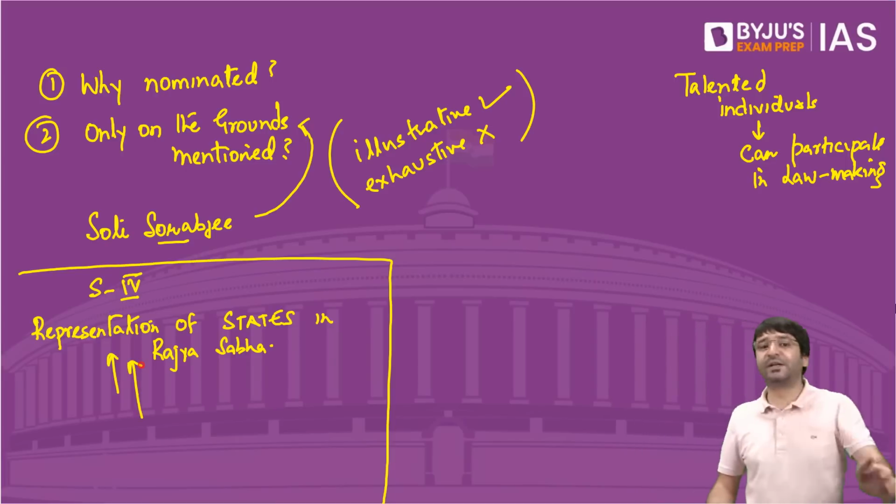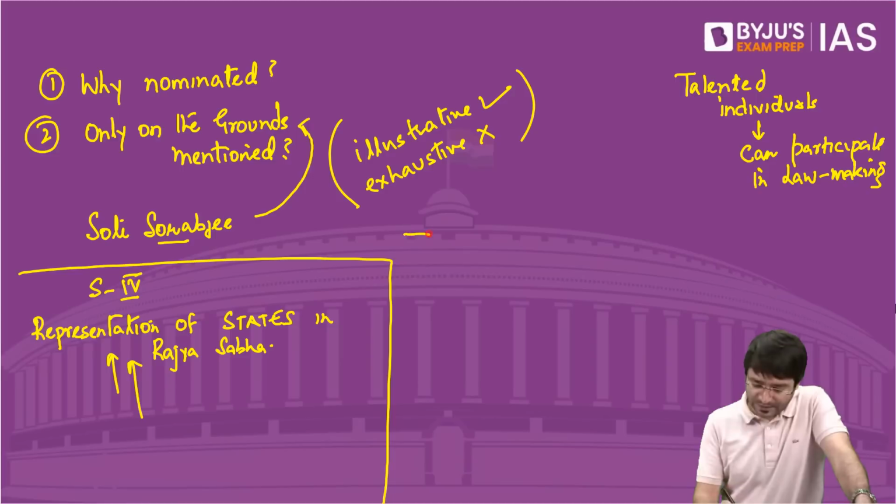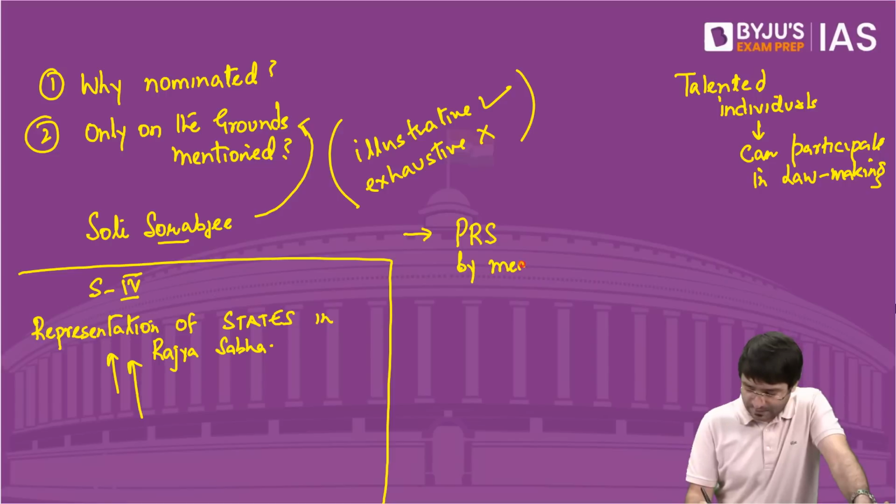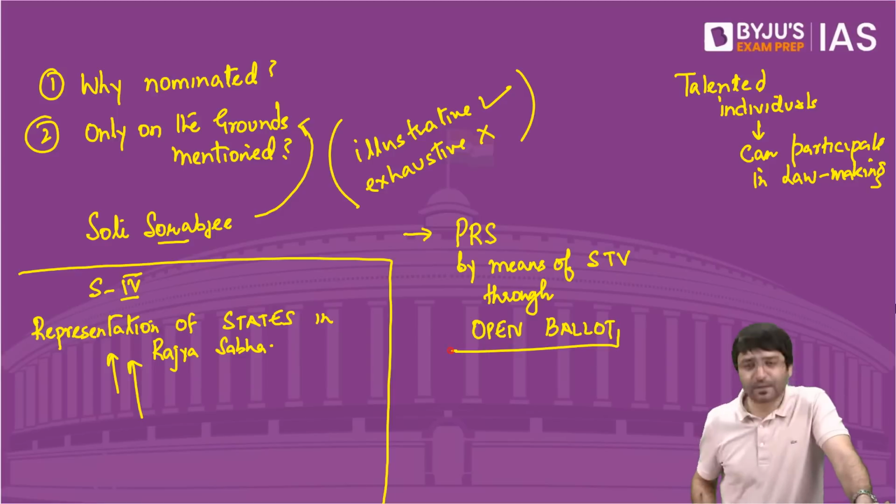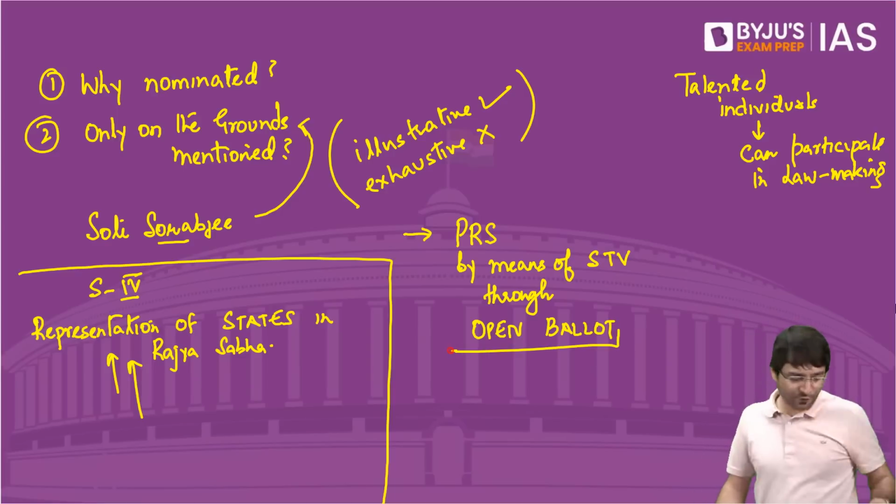But how does the election take place? Election takes place through a system of proportional representation, by means of single transferable vote, but this time through open ballot. How? Let me give you an example.